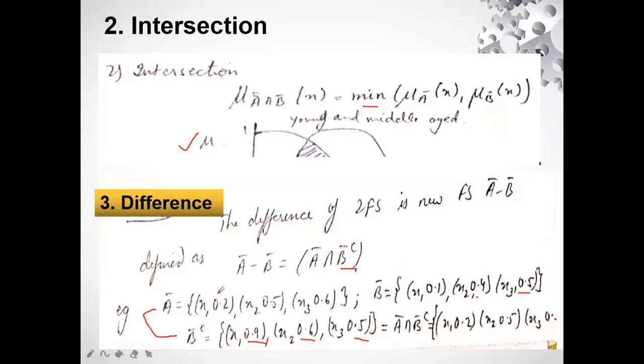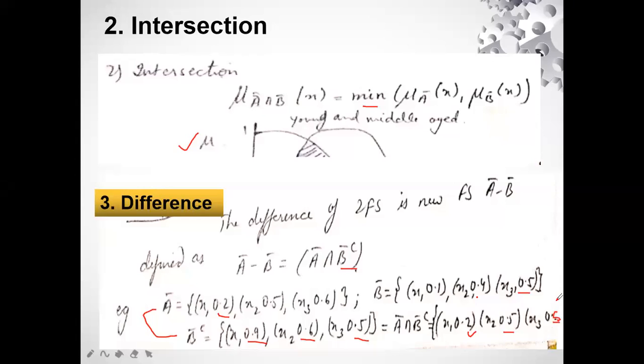How do we do the intersection? We will take the minimum of 0.2 and 0.9, which one is minimum? 0.2 is minimum. So 0.2. Then 0.5 and 0.6, which one is minimum? 0.5. So x2 is 0.5. And out of 0.6 and 0.5, which one is minimum? Obviously 0.5. So x3 is equal to 0.5.